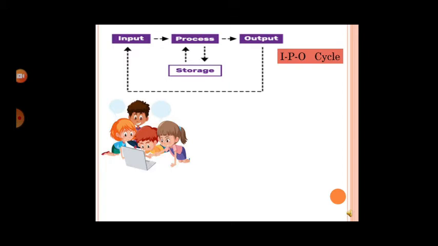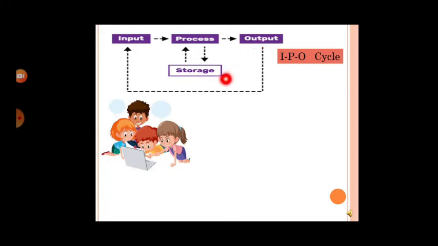So let us see about the IPO cycle. IPO cycle is nothing but input, process and output. While doing the processing, storage also takes place. So what is input? We give some input to the system. What is process? The input data is processed. And what is output? We get some output. Suppose we are going to add two numbers, 2 plus 2.